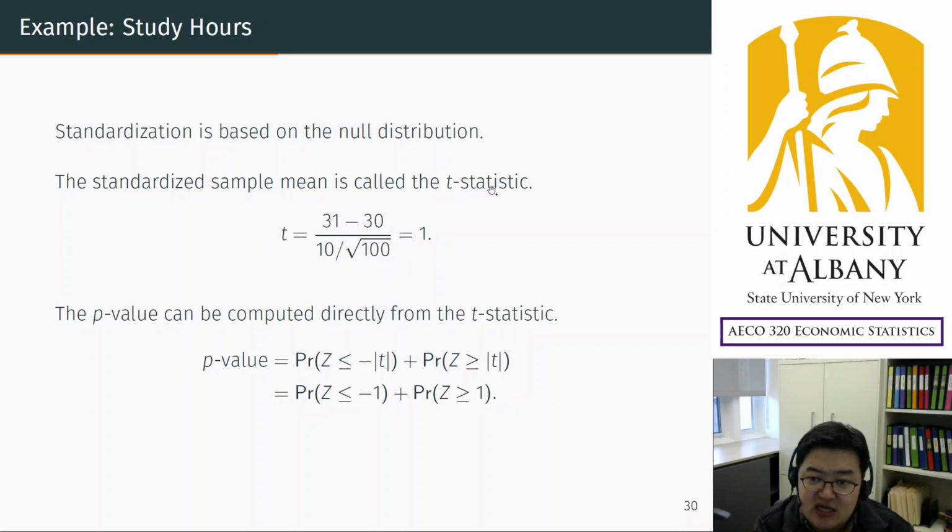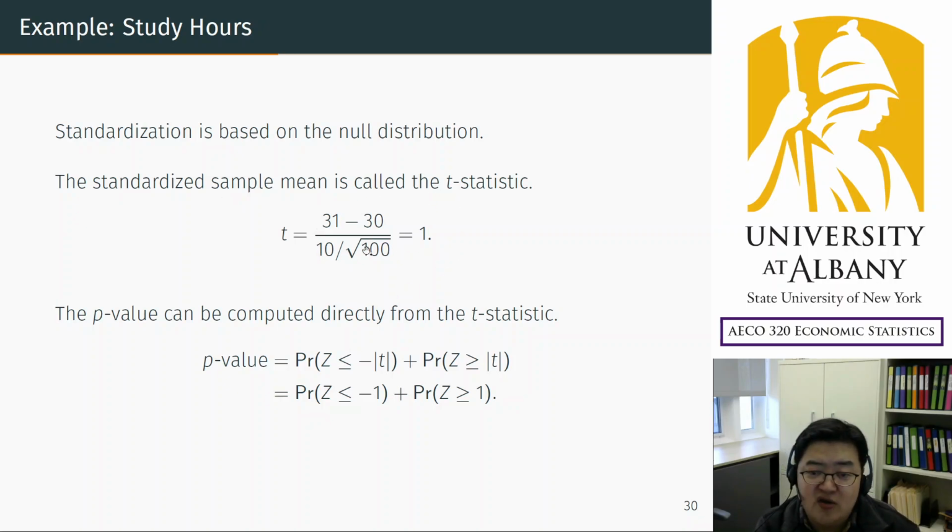This t-statistic is based on the student's t-distribution that I mentioned at the end of the earlier chapter. But we don't use the student t-distribution, but still the name remains t-statistic. So there is nothing special. Just the standardized sample mean is the t-statistic.